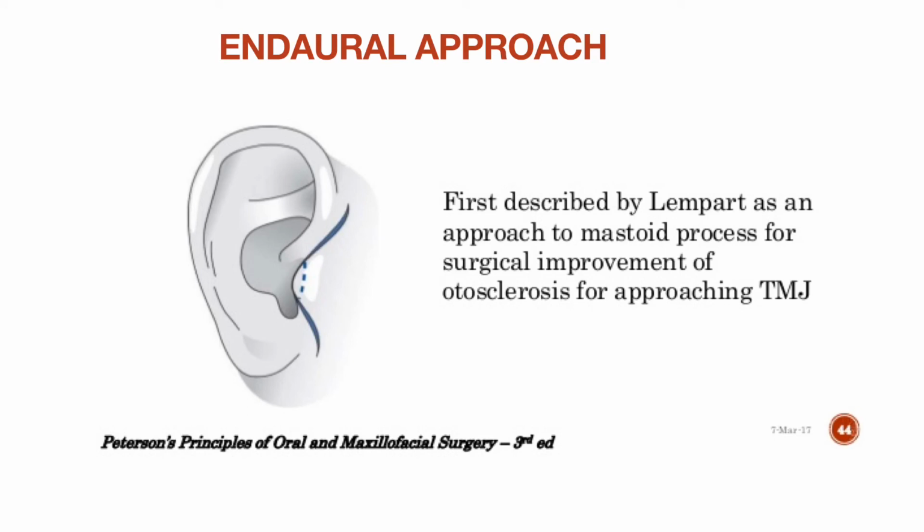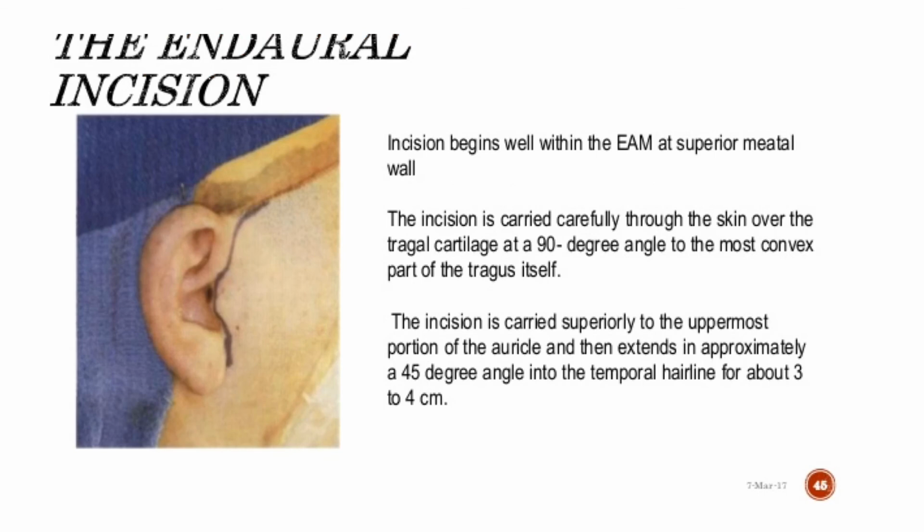Next is the endaural approach, first described by Lempert as an approach to the mastoid process for surgical improvement of otosclerosis, for approaching the TMJ. Technical details of the endaural incision: the incision begins well within the external acoustic meatus at the superior meatal wall.